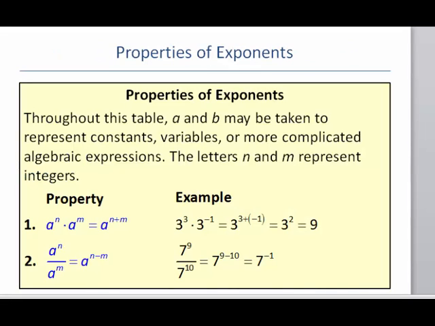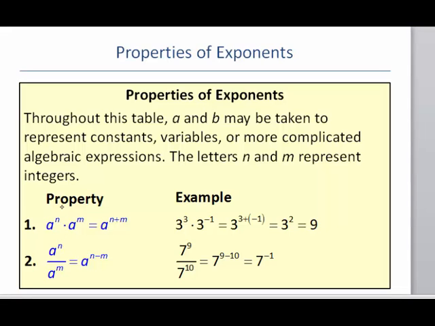Now, this slide basically summarizes some of these rules that we've already talked about and gives us an easier approach in some cases to solving the problems. The first 2 properties listed here deal with a rule where we are multiplying 2 expressions that have the same base. They both have the a, and we have different exponents.